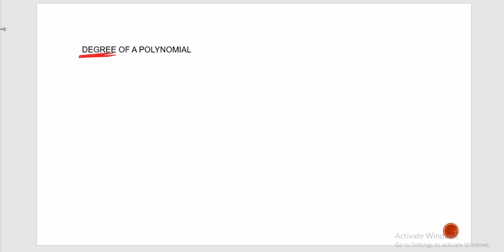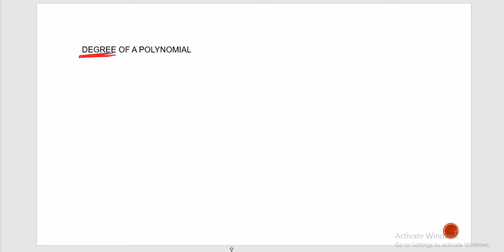Each monomial contains some power. While considering the powers of all the monomials, if you take the highest power, that particular power is called the degree of a polynomial, right?